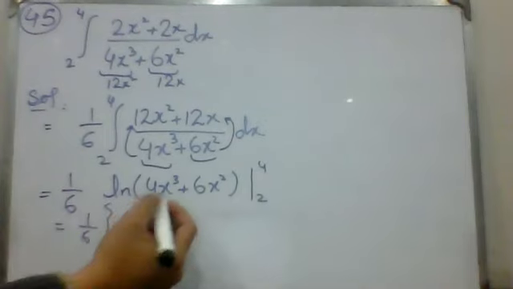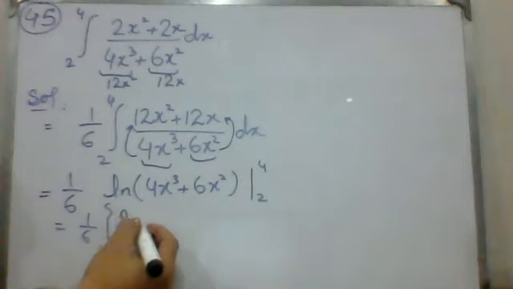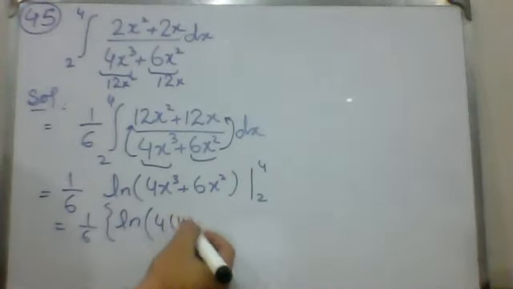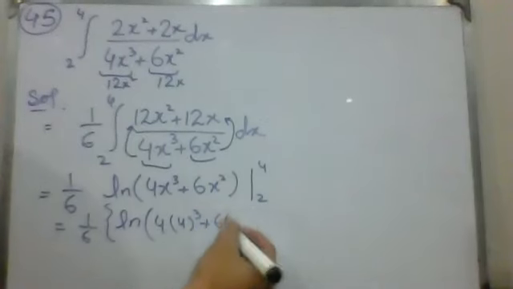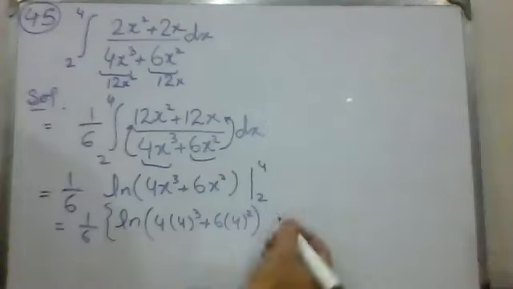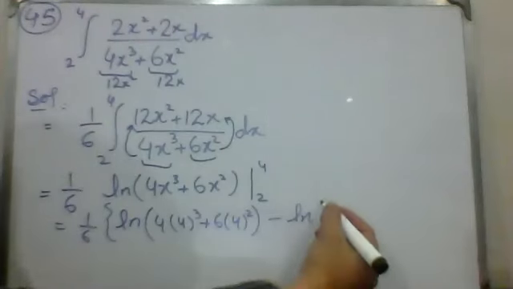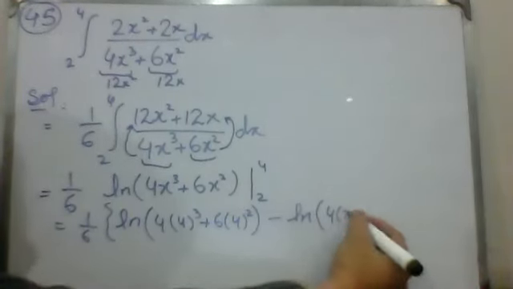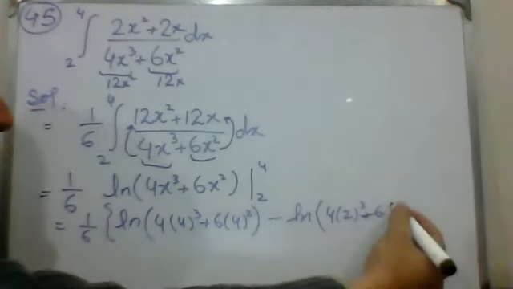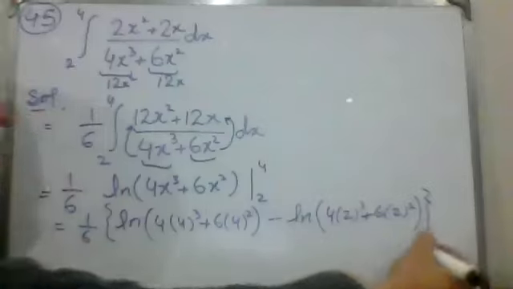And put the limit in the place of x. First 4, here in each term of x, 4. And x is 4 power 3 plus 6 4 power 2. पहले सारे x की जगह पर 4 पुट करेंगे, then sign of negative and then we put in the place of x the lower limit 2: 2 power 3 plus 6 2 power 2. So that is the problem.